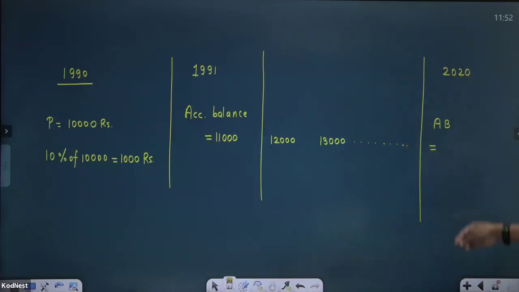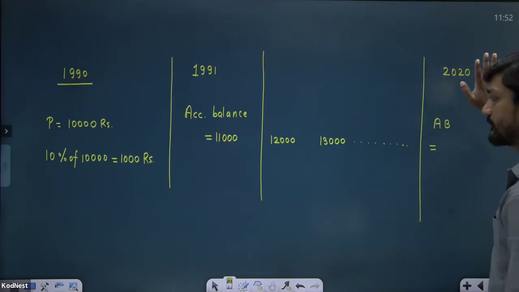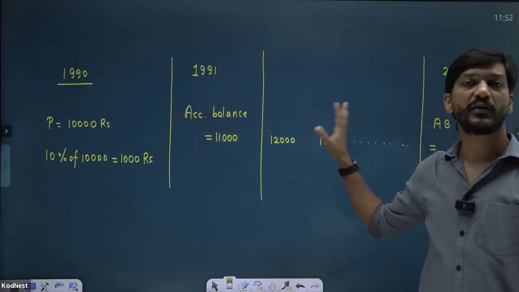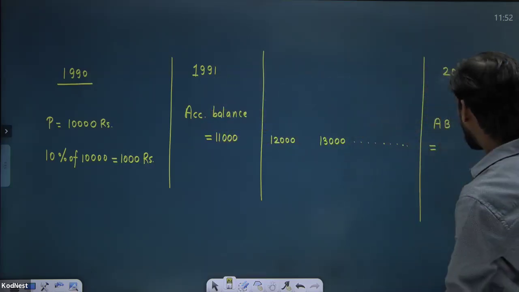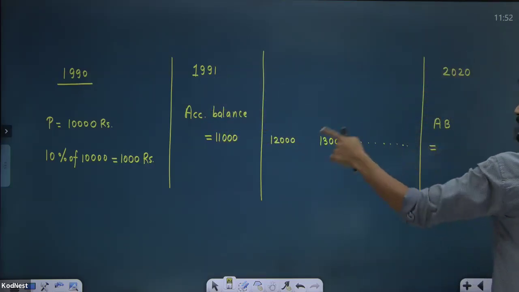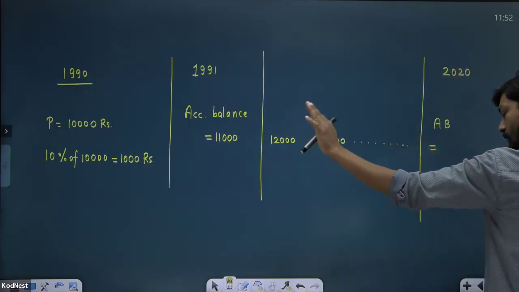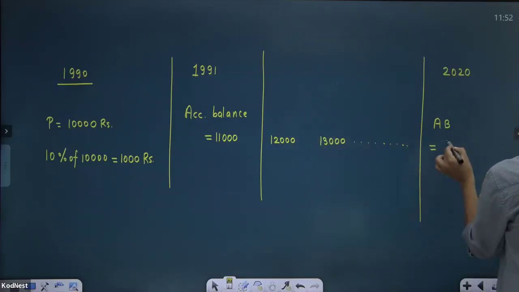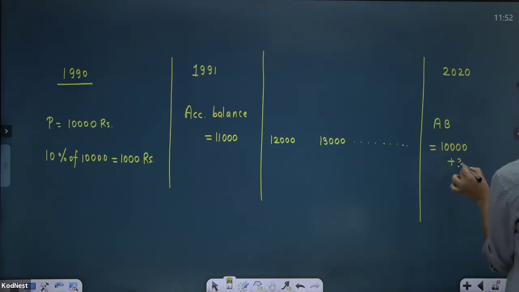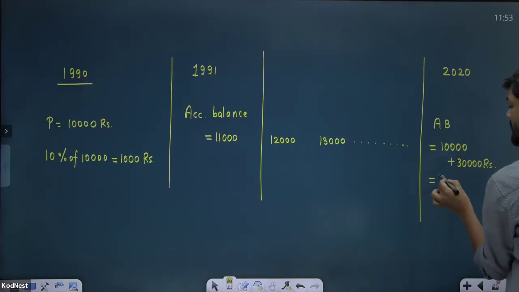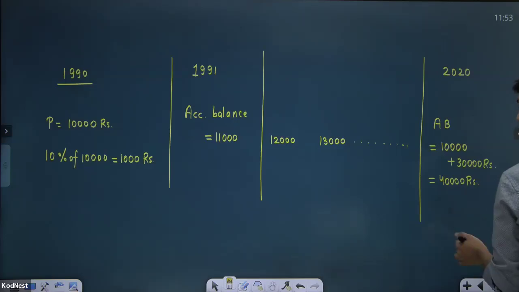So 2020 starts, and before that 30 years have passed, 1990 to 2020, 30 years. So 30,000 interest, 1,000 rupees interest every year. So 10,000 rupees principal plus 30,000 rupees interest, so now the account balance is 40,000 rupees. But what is the interest I'm getting? 10% of 10,000.